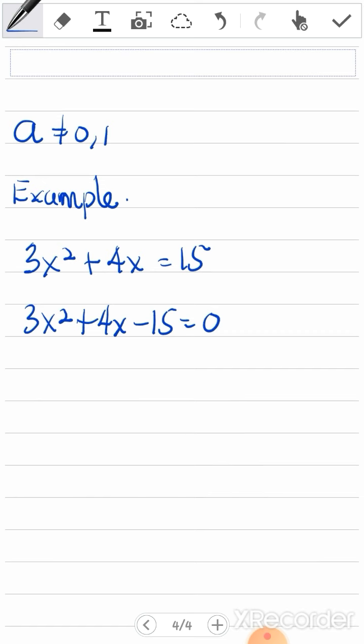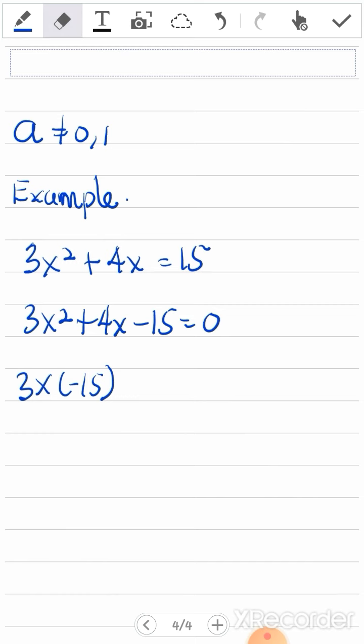When we get it in this form, this is what we do. Since a is not 0 or 1, we multiply the coefficient of x squared, which is 3, by the constant, which is negative 15.